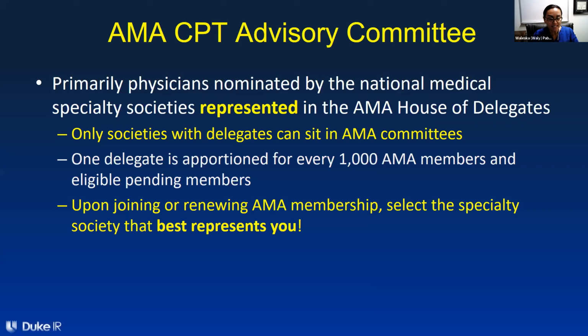And the specialty society that you name is what goes into the count to determine if that specialty society has enough AMA members to have delegates in the House of Delegates in the AMA, which determines if those specialty societies can have members in other AMA committees. So when you become an AMA member or when you renew your AMA membership, pay special attention to what specialty society you designate as the one that represents you.